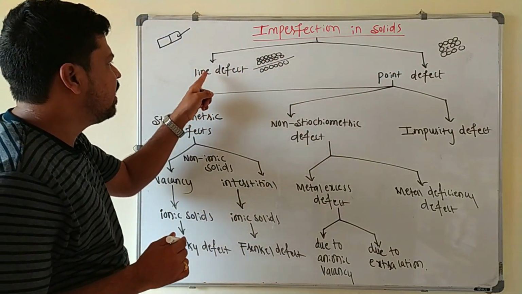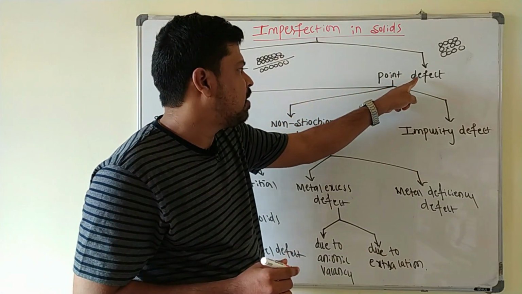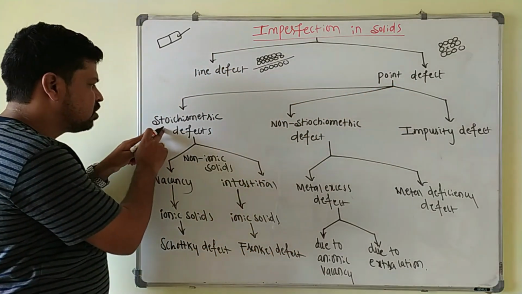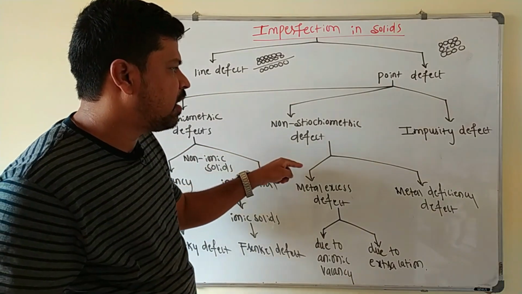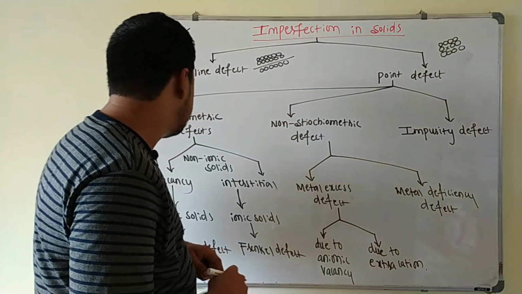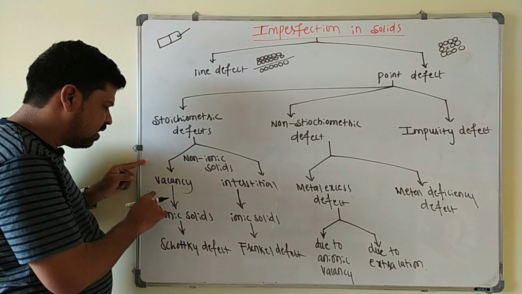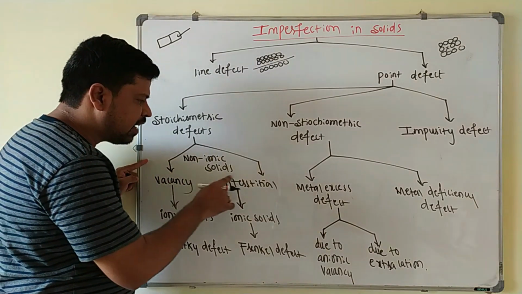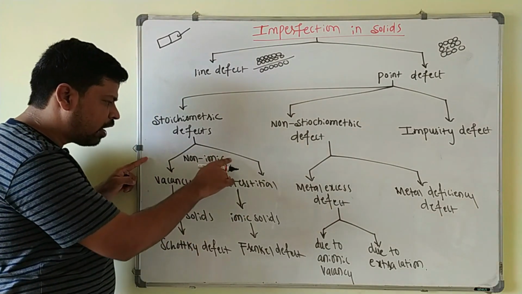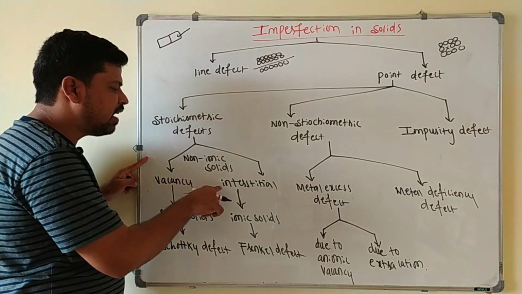There are again point defects for our syllabus. There are three types: stoichiometric defects, non-stoichiometric defects and impurity defects. In the stoichiometric defects, there are two types, vacancy defect and interstitial defect, and in the case of non-ionic solids they are called vacancy and interstitial defects.